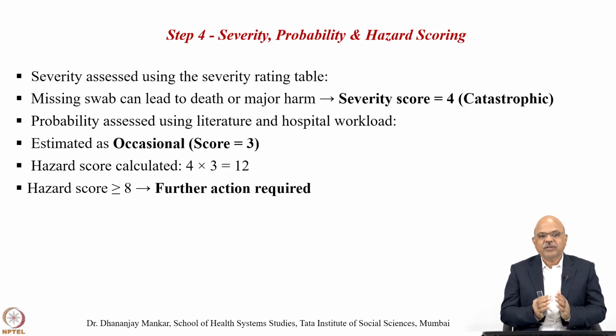Probability is assessed using literature and hospital workload, estimated as occasional, score 3. Hazard score is calculated as 4 into 3 equals 12. So you can understand the hazard score is above 8 and it requires further action.